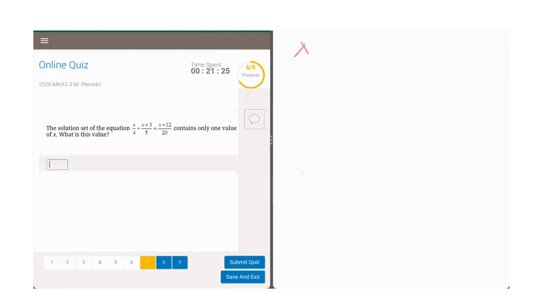Here we have x over 4 plus x plus 3 over 5 equals x plus 12 over 20. So we move this to the other side, so it'll become minus x plus 12 over 20 equals 0. So the LCD would be 20, so you multiply this by 5, so 5x over 20, then x plus 3 over 5 multiplied by 4.